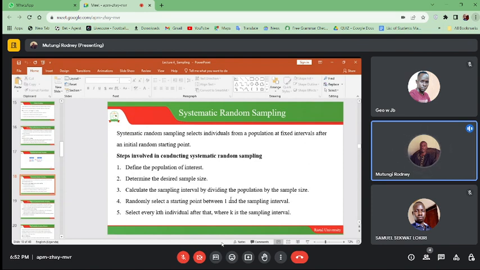We have 1000, and we have realized, using those sample size determination methods, that we need a sample size of 100. So if we have 1000 as the total population and the desired sample is 100, then our interval would be 10, and we go on like that to get the required sample.